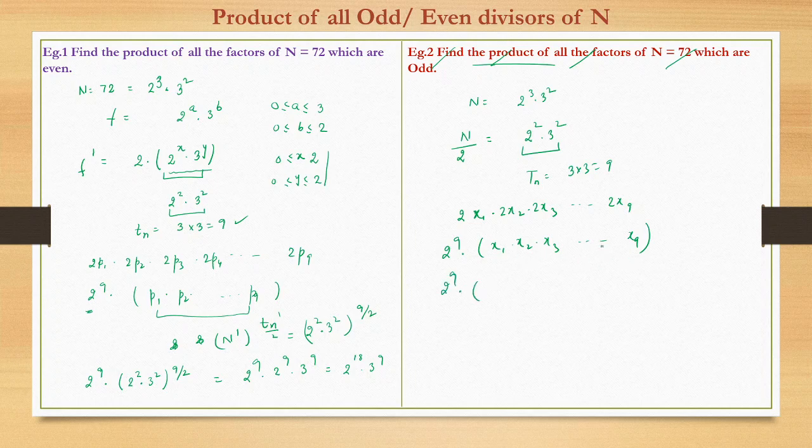Now the question basically boils down to finding the product of all the factors of this number. So what would be the product? The number itself raised to power total number of factors by 2, that is 9 by 2.